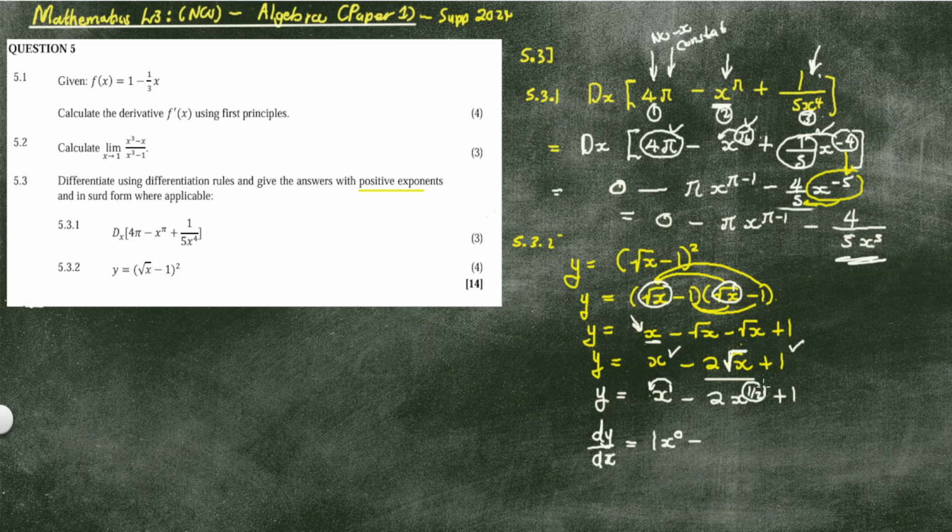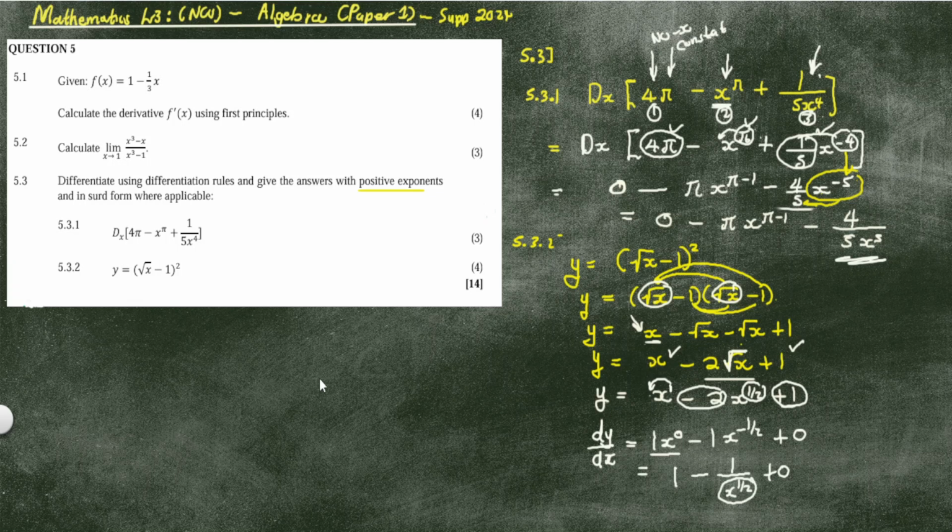Minus the half times the minus 2 gives me a minus 1, x to a half minus 1, that's negative 1 over 2. The derivative of a constant is 0, so it's plus 0. Here I'm going to have 1, because anything raised to exponent 0 is 1, minus 1 over x exponent half, plus 0.